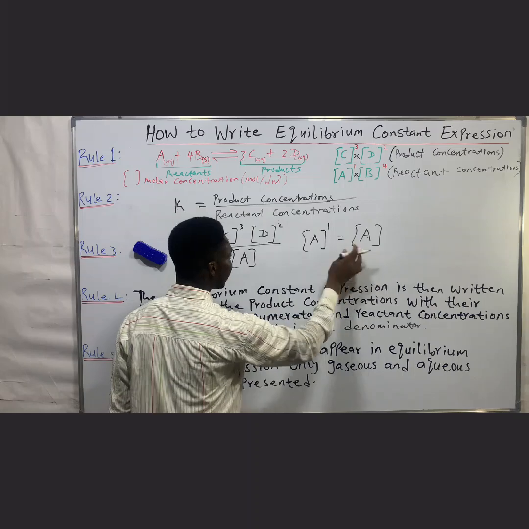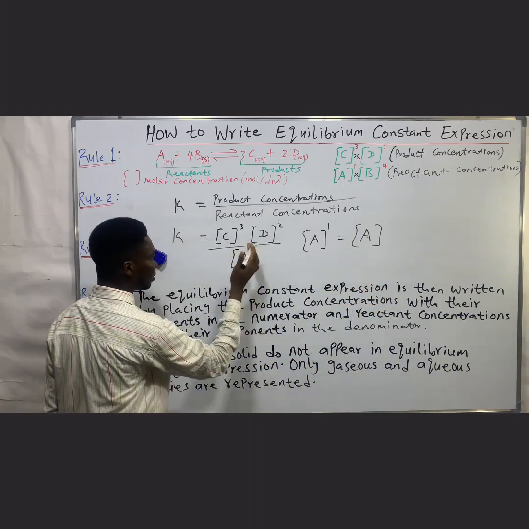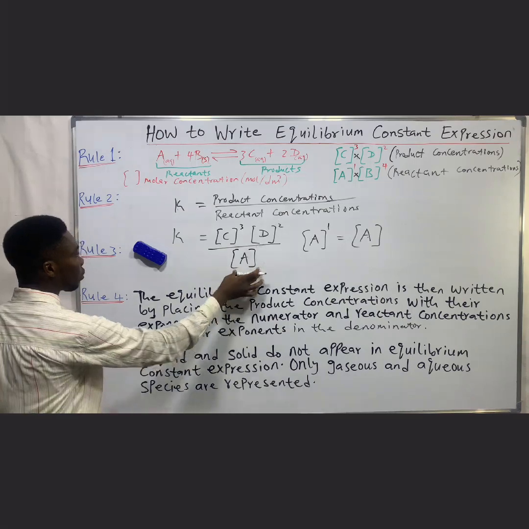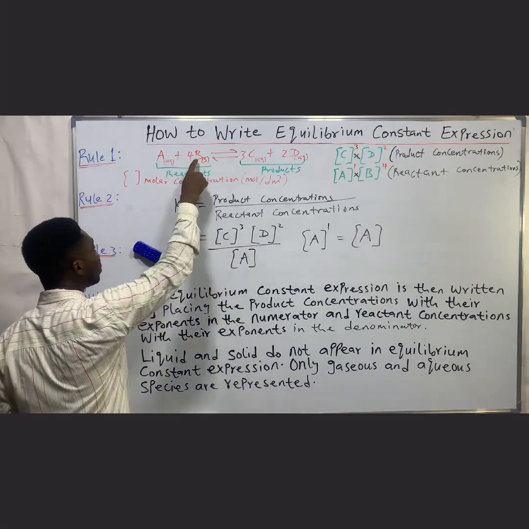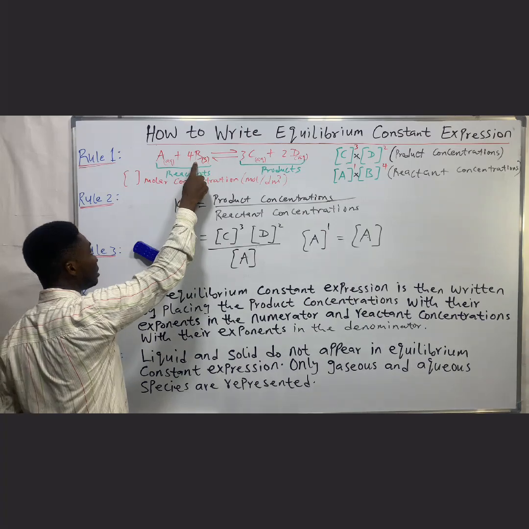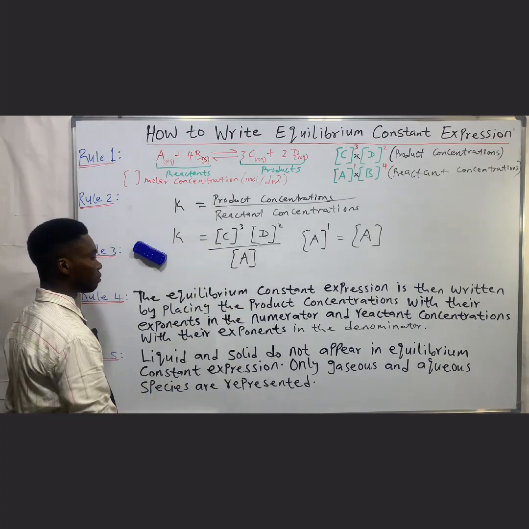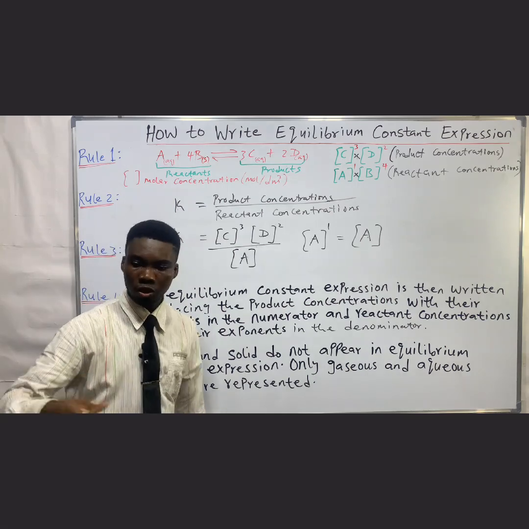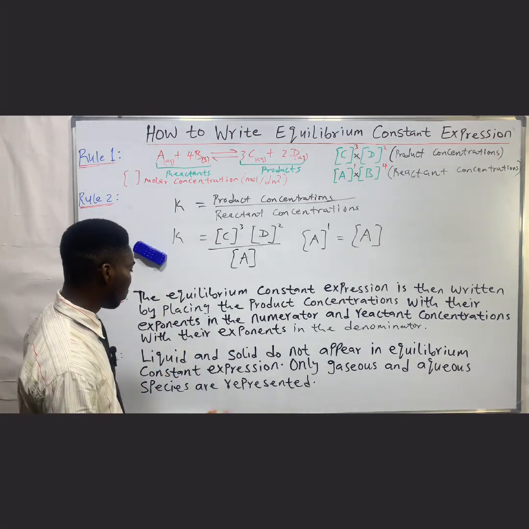Whether I write it like this or like this is the same thing. So this is what we now have as our equilibrium constant expression when B is a solid. Okay, you're asking why liquids and solids do not appear in the equilibrium constant expression.